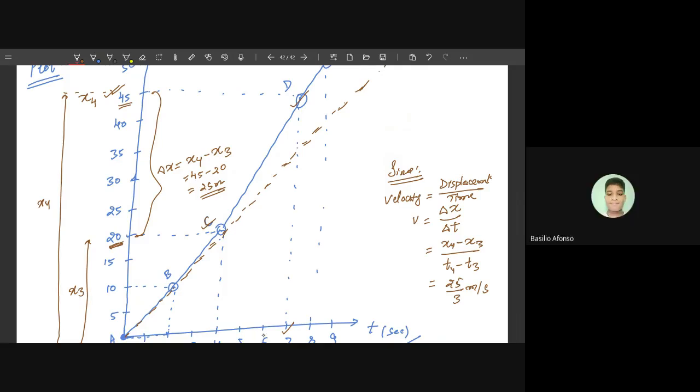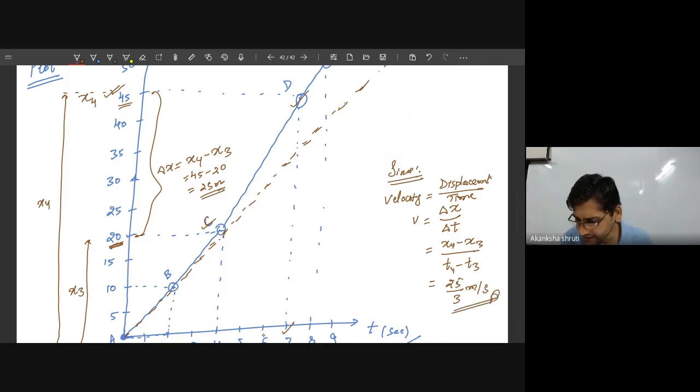So this is your final answer. If you want to get this in decimal form, you can quickly convert it. It is 8.33 meter per second. So student, by knowing this graph, we have calculated this velocity.